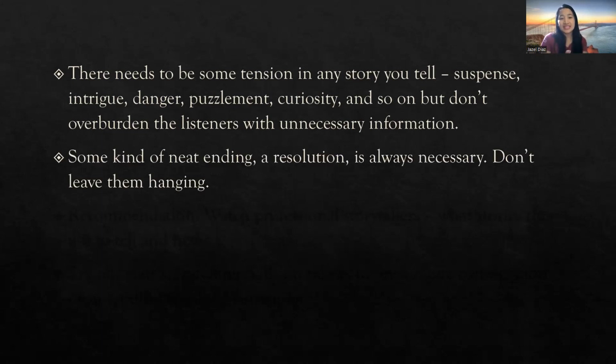Some kind of neat ending, a resolution, is always necessary. Don't keep them hanging. There must always be an ending. For example, I give them an illustration that there is a man who climbed up the mountain, and then he fell off a cliff. But thankfully, there's a branch of a tree hanging there.